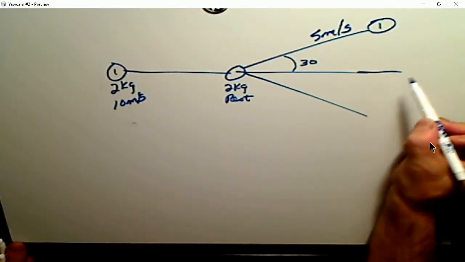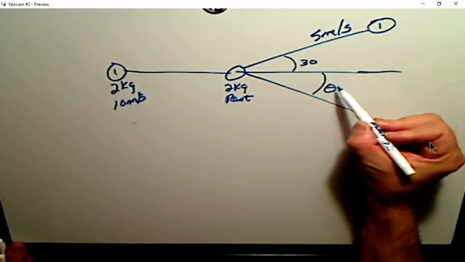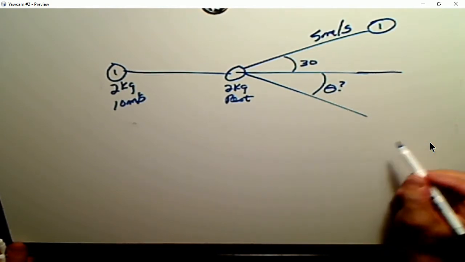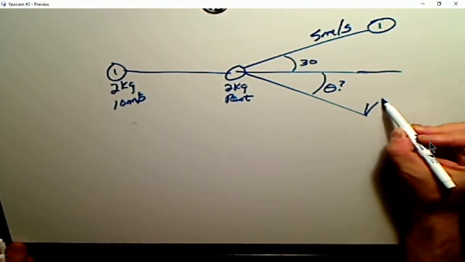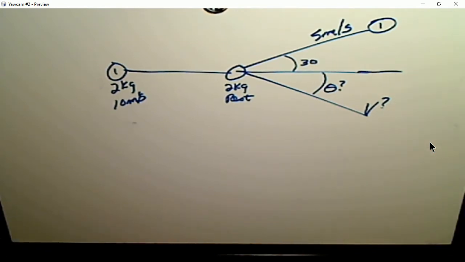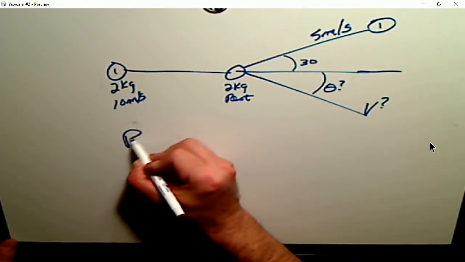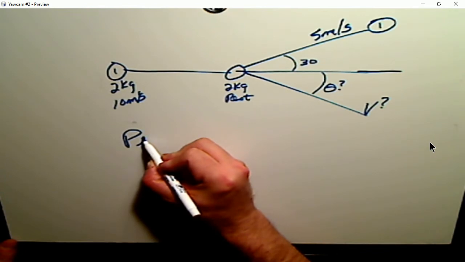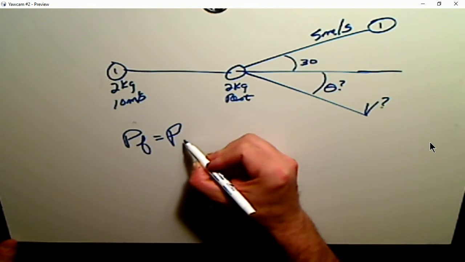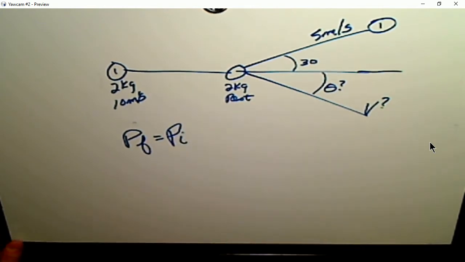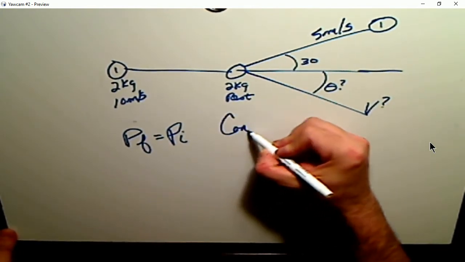So we want to figure out the angle, and we want to figure out the velocity. So, if we look at this, we know the initial momentum. We also know final momentum is equal to initial momentum, conserved.